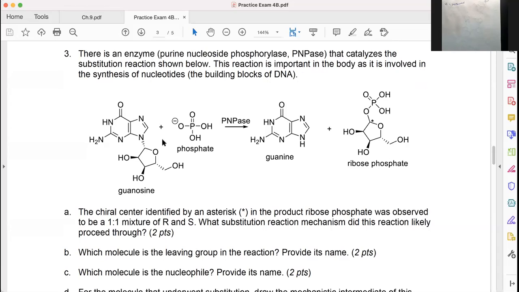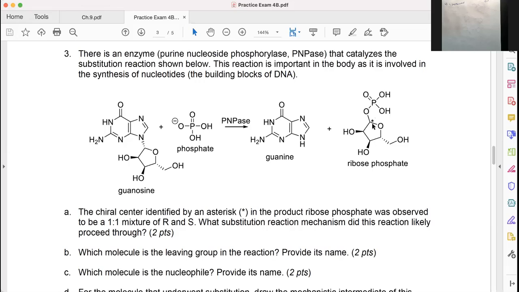So we see we have guanosine. This is the sugar part, this is the base part, this is the phosphate group, and essentially what looks like is happening is from this main sugar, this ether, it looks like the leaving group might be leaving, this guanine might be leaving, that's why it's by itself here, and then at that position you're going to get this incoming phosphate.